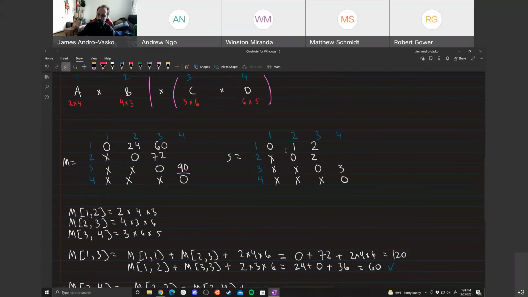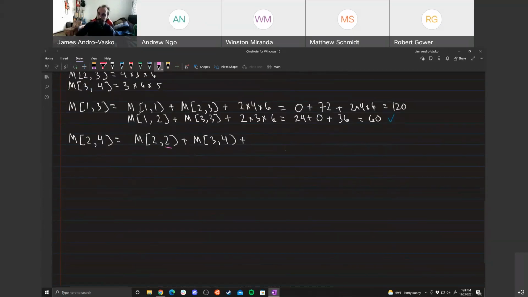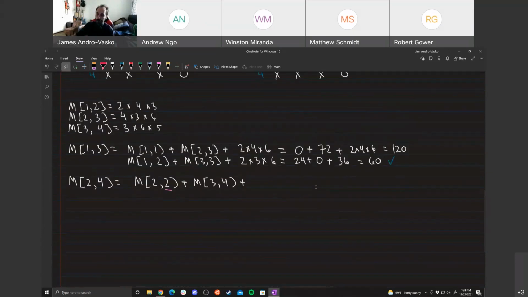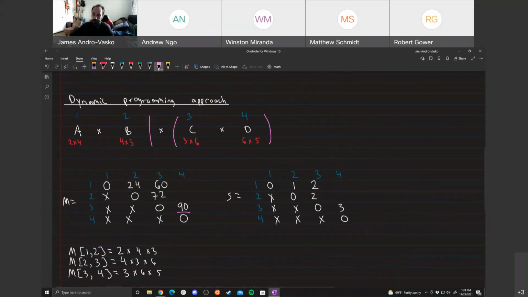So M3,4 is going to really just be 90. So we're going to take the value of 0 plus 90, and then the result is, C times D is going to be a 3 by 5 matrix at the end. And then B is still 4 by 3. So the result of multiplying B to the result of C times D is going to be 4 times 3 times 5.